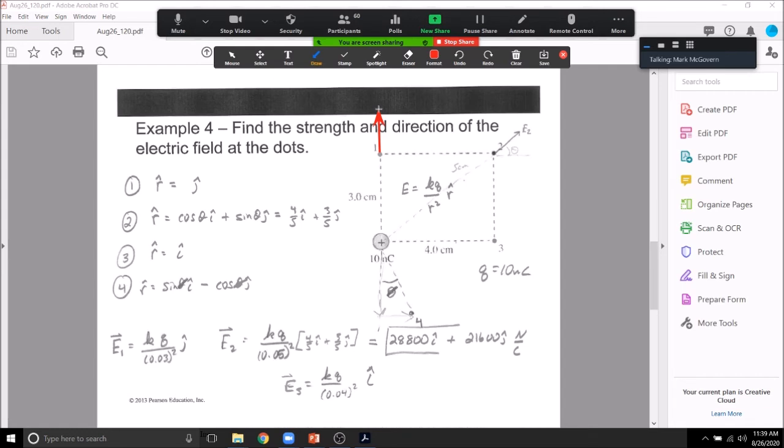I'll try to do this relatively speaking. This one over here points away. Not quite as long, a little shorter because we're a little farther away. Then this one is even farther away, so I'll make it even shorter. But that's the direction of those electric field vector lines, okay?